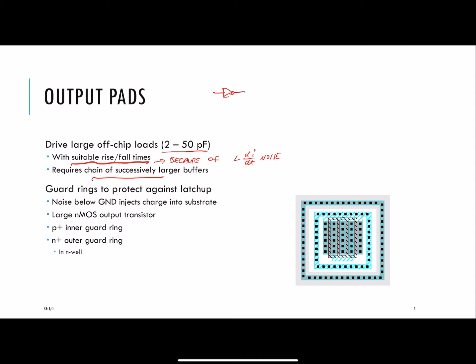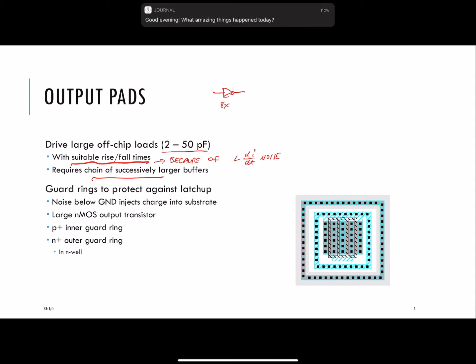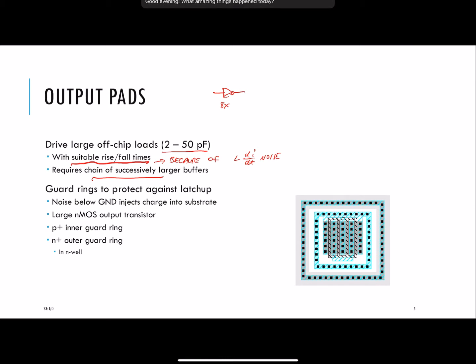Even if it's big, it might be like an 8x inverter. When you want to drive an off-chip load of something like 50 picofarads, this end guy is going to be a pretty big device. It wouldn't surprise me to see the aggregate width for the NMOS be something like 500 microns. Anyway, very large devices.